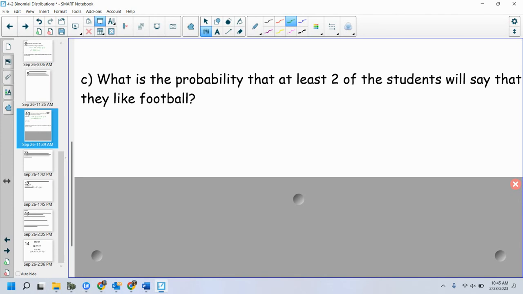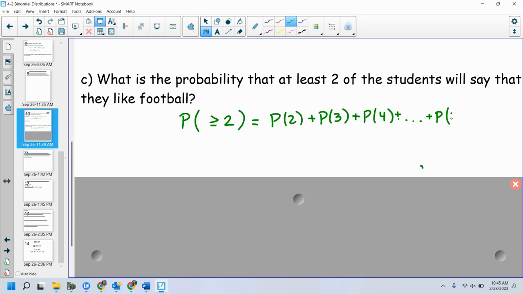Oh, and should I count 2 as well? At least 2. Yeah. So the probability of being greater than or equal to 2 is equivalent to the probability of 2 plus the probability of 3 plus the probability of 4 all the way up to the probability of 10, right?